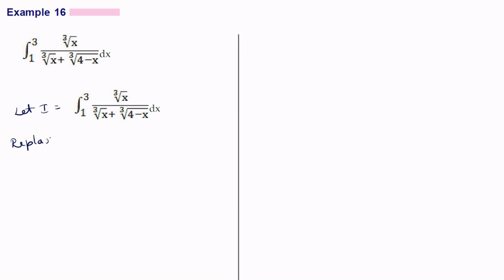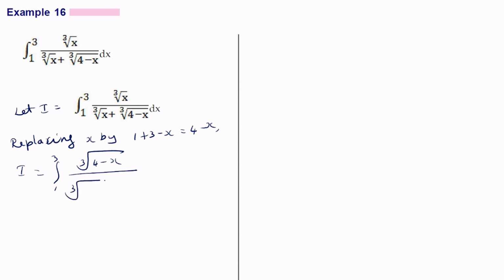Replacing x by 1 plus 3 minus x, which is 4 minus x, we get I as integral 1 to 3 cube root of 4 minus x upon cube root of 4 minus x plus cube root of, here we are replacing x by 4 minus x, so it is 4 minus 4 plus x. So it is x.